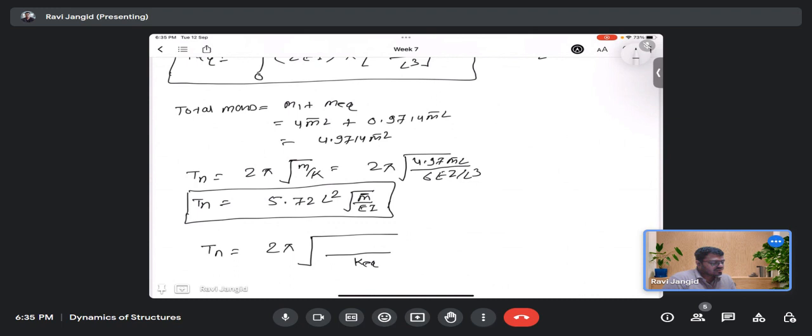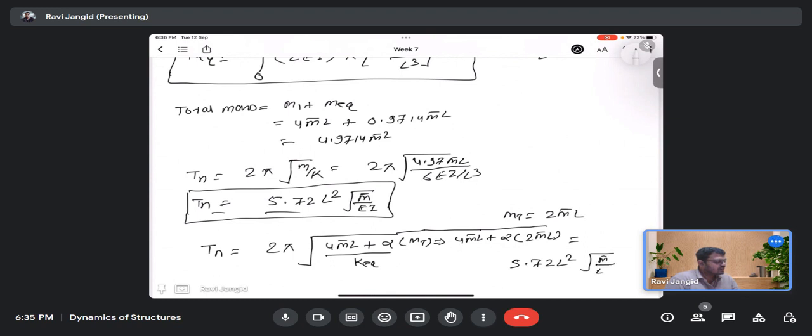In the mass, one is the equivalent mass 4 m bar L, and how much percentage of the total mass, which is mt, we have, that was 2 m bar L. So we can write it as 4 m bar L plus alpha, let us suppose a fraction of the mass, into 2 m bar L. My time period should be equal to whatever this time period, 5.72 L square root of m bar L. Did you get it?